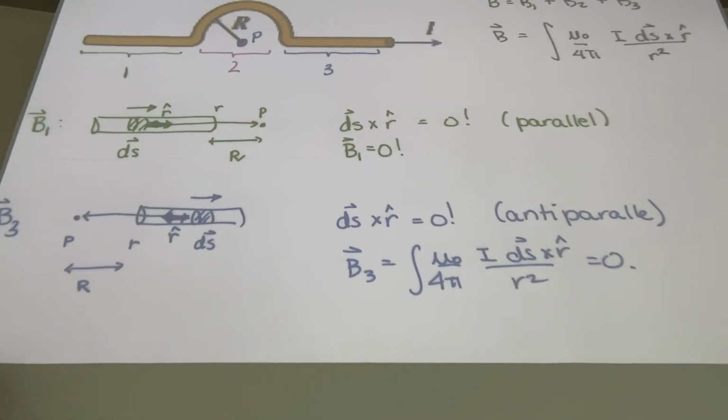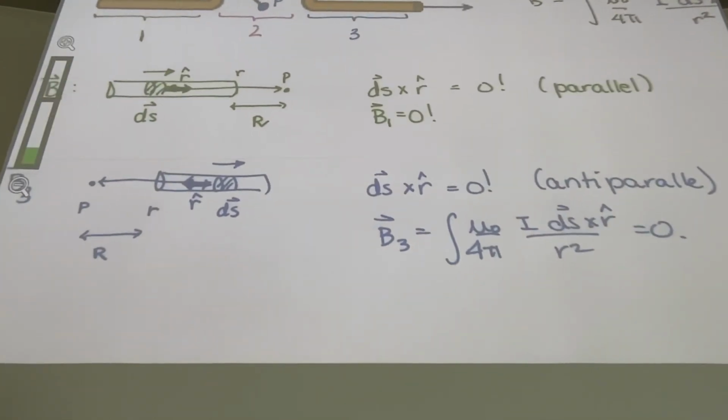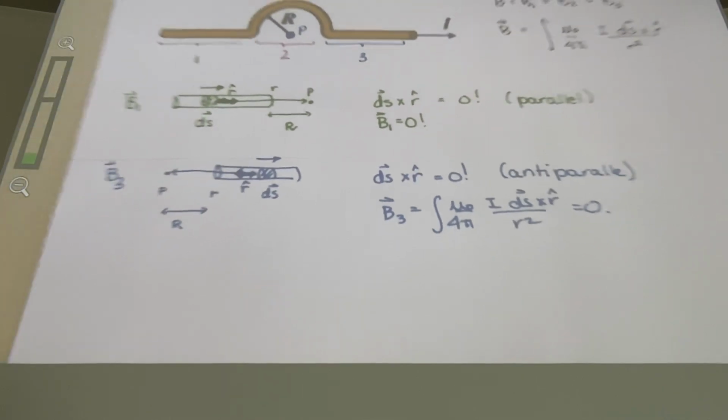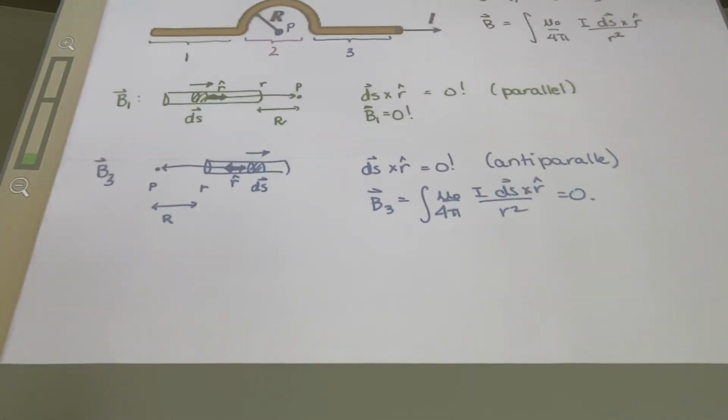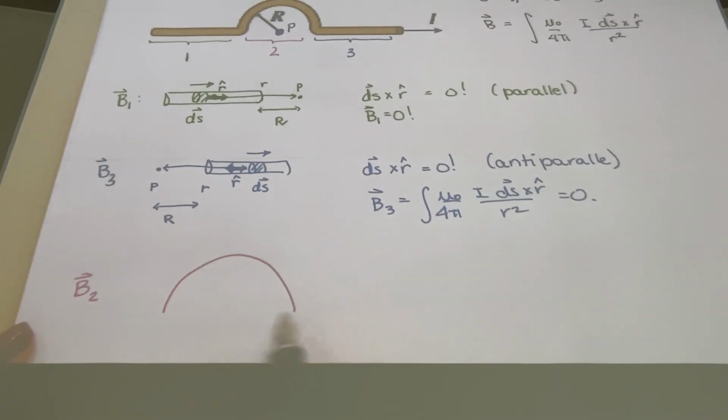Okay, so B1 and B3 were pretty easy. Looks like the bulk of our work is going to be in finding B2. It shouldn't be too hard because we've already done that circular geometry, but we'll go through the process again. So for B2, we've got our little loop, half of a circle.